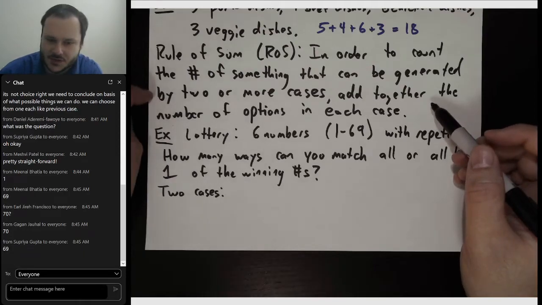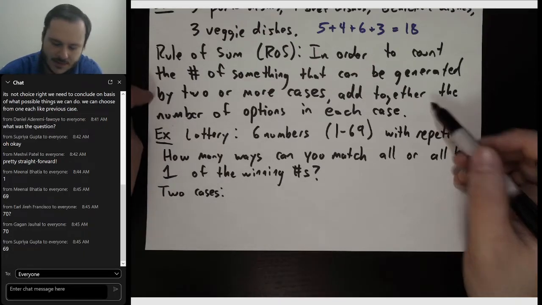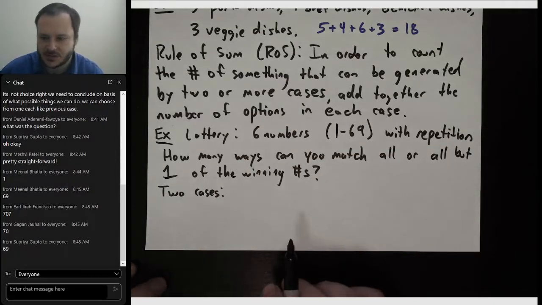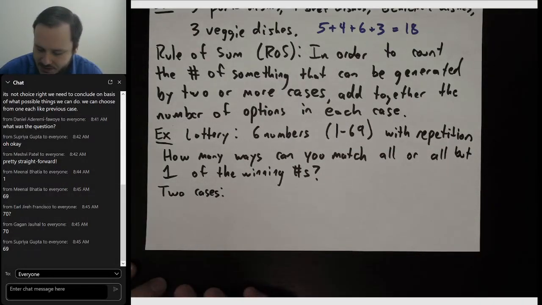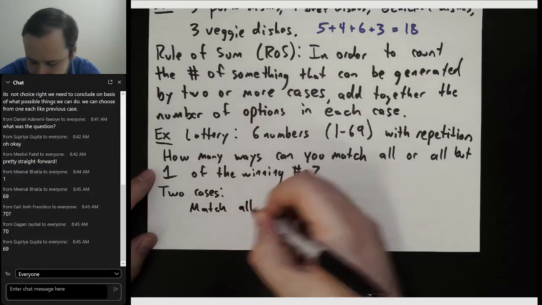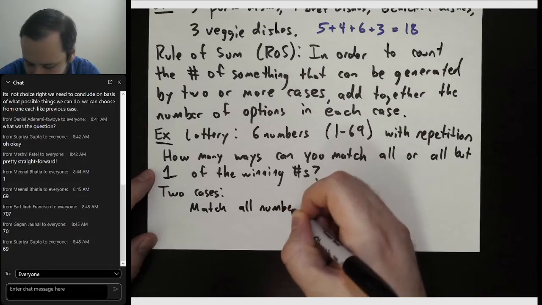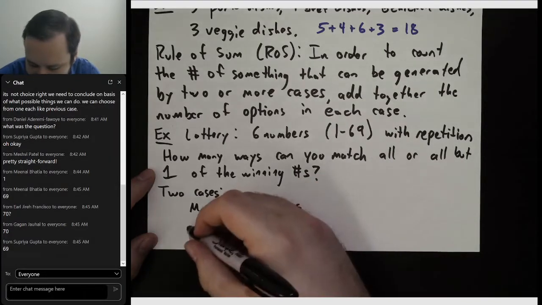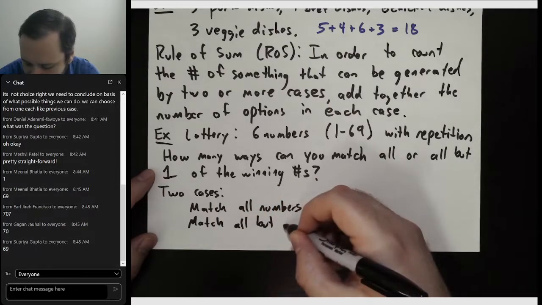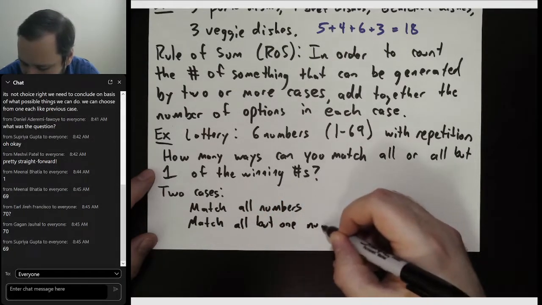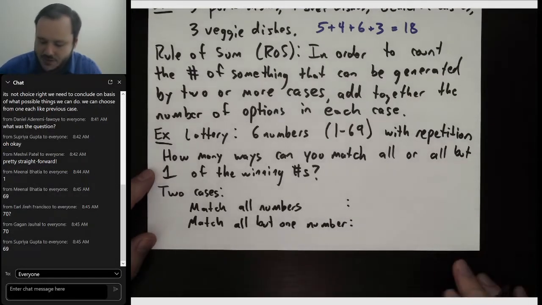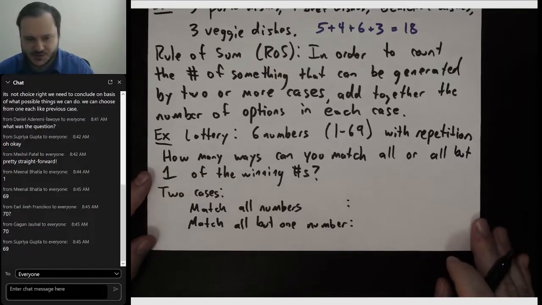You don't want to count the same thing twice. So inherent in when I say cases. So we've got 2 different possibilities here. One possibility is that we match all numbers. Second possibility is that we match all but one. So how many ways are there to match all of the numbers?